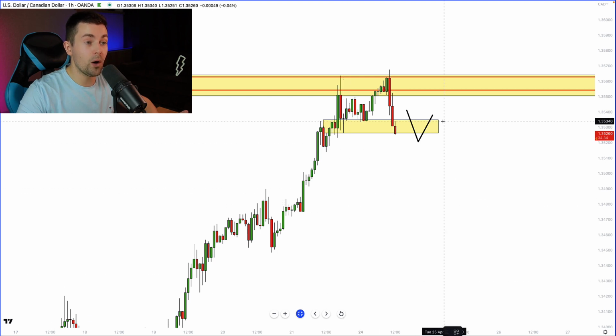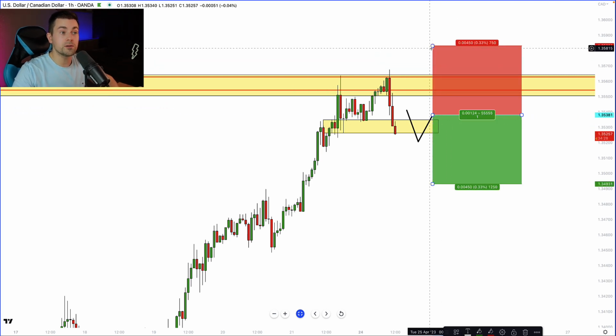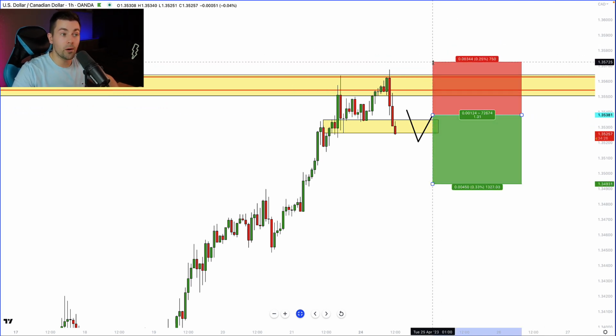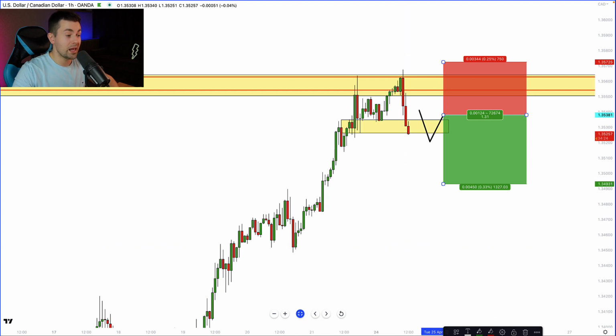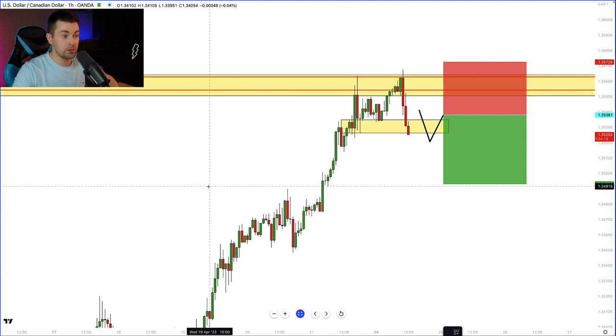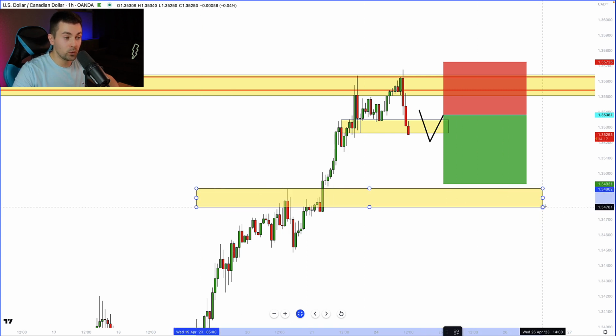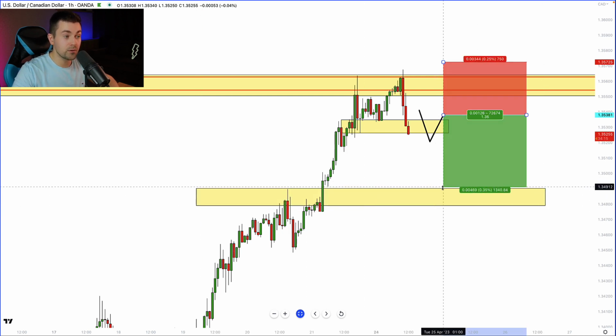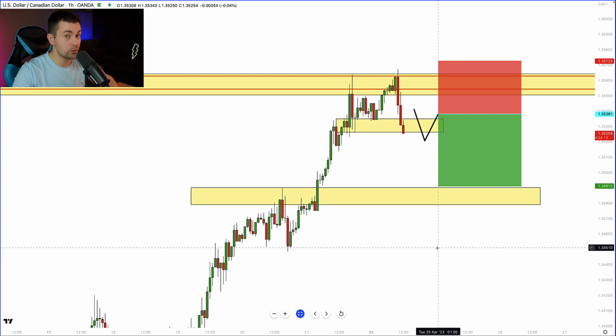Then, once your order becomes active, you short with your stop loss lying above the highs of the pattern, and your first target for the trade will be the closest strong support. Your closest strong support will be that structure. So there will be your first target.